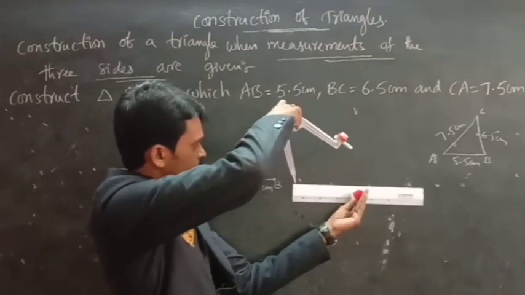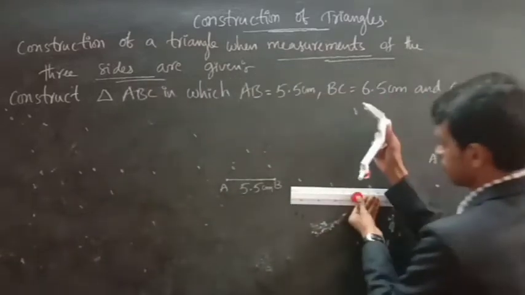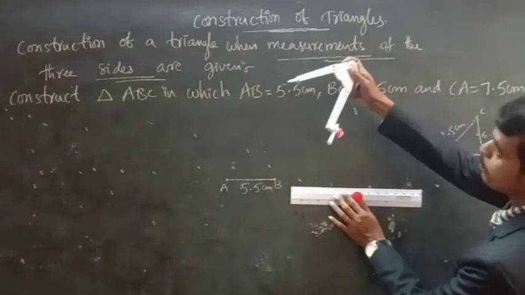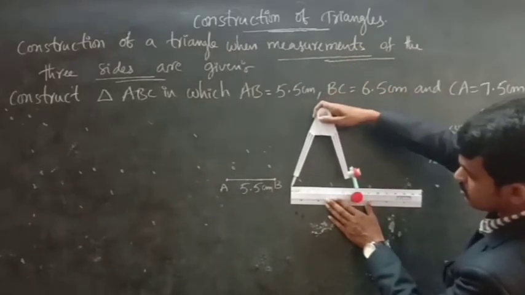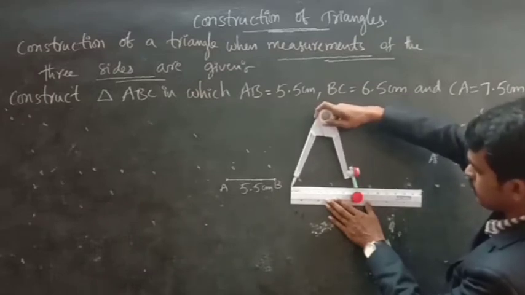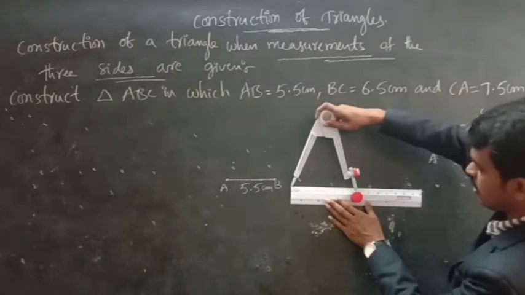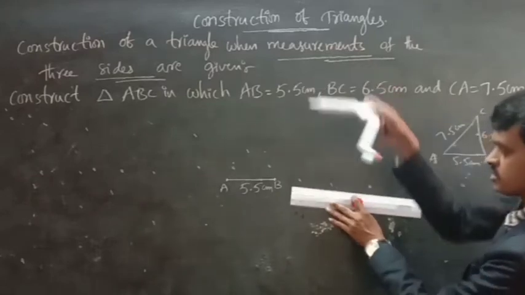Look here, the pointer of the compass we keep against the 0 centimeter of the ruler, and the pencil or chalk end should touch 7.5 centimeters.